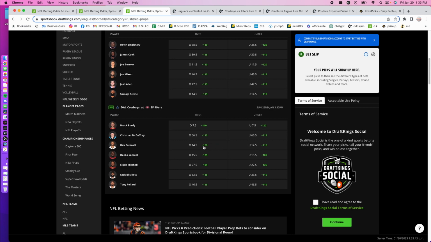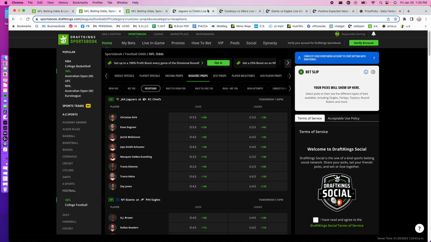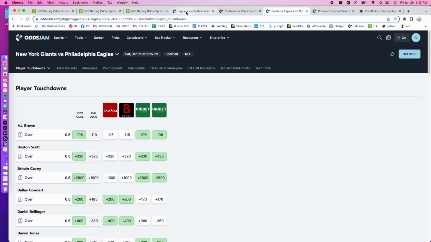They moved it. That's why it won't show. But he's even favored to go over 14.5. So if they lowered that by 1 yard, he'd be favored by a nice margin of EV profit, whatever you want to call it.